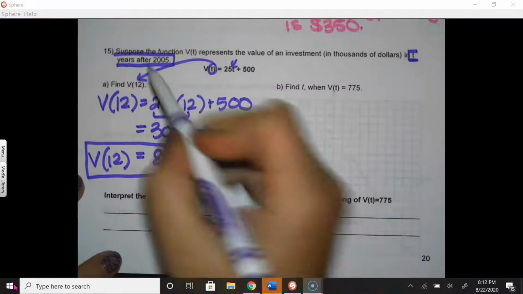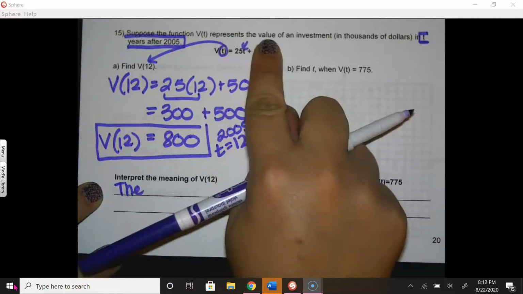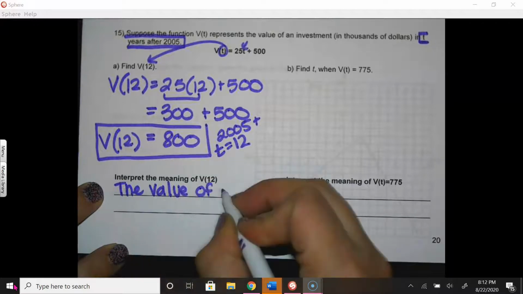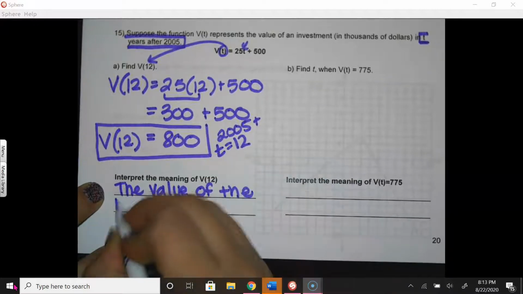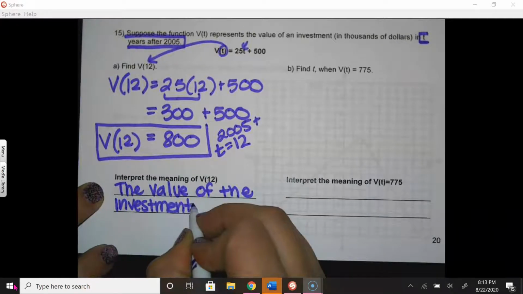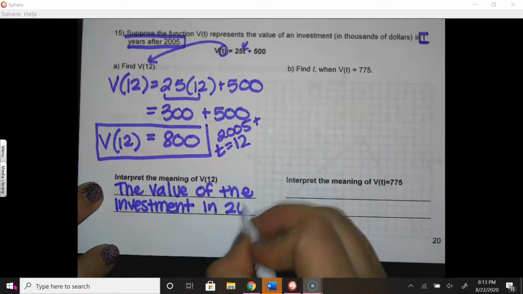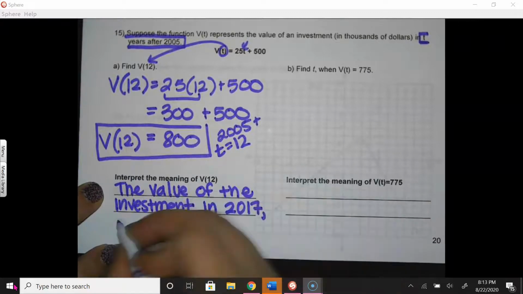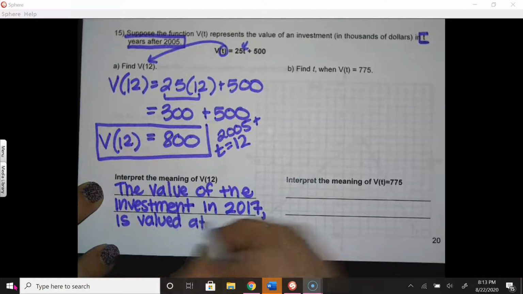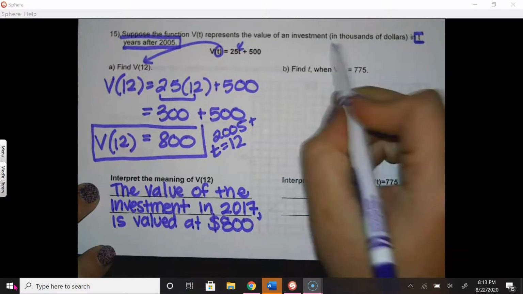So we would say the value of the investment in 2017 is valued at 800, and it says 1,000.